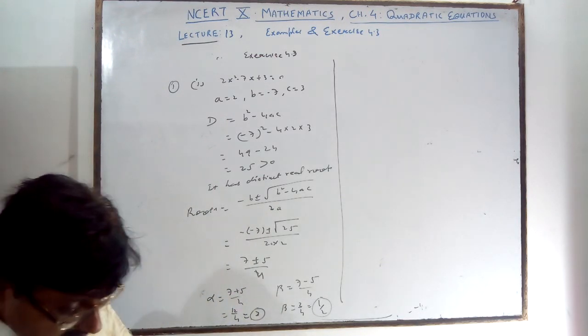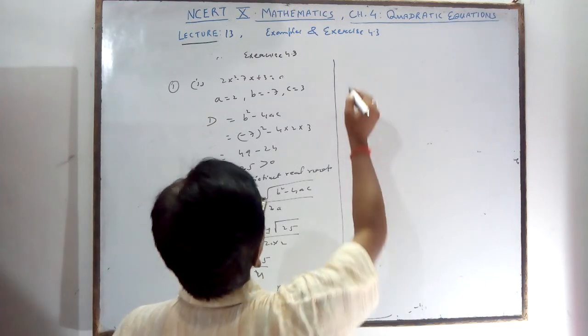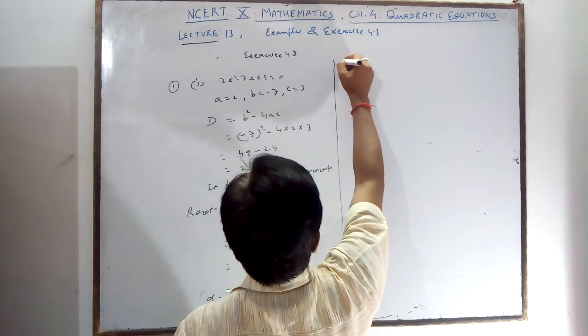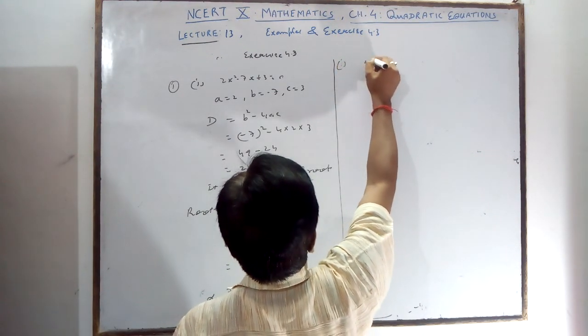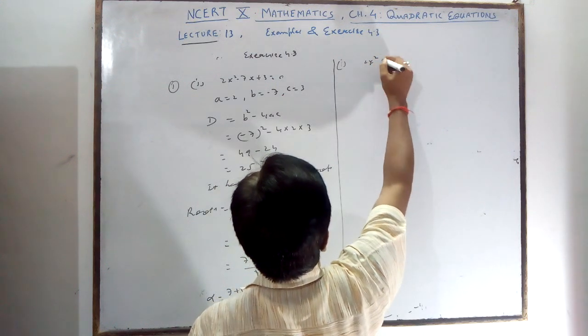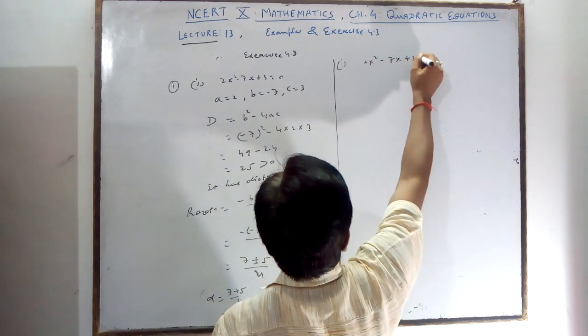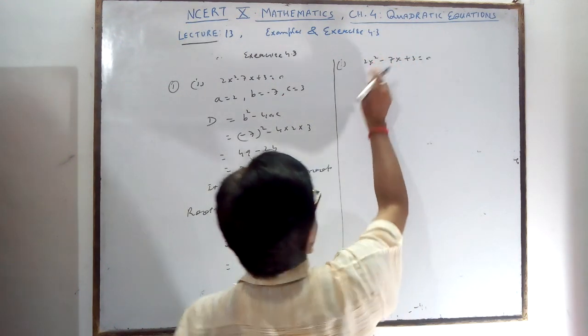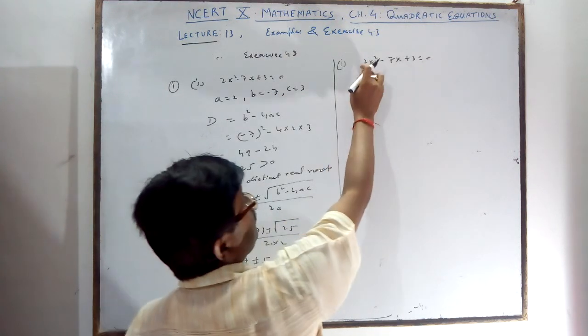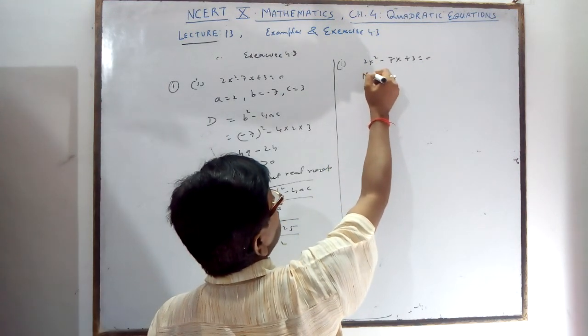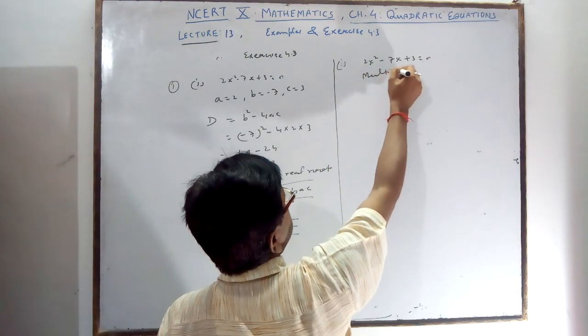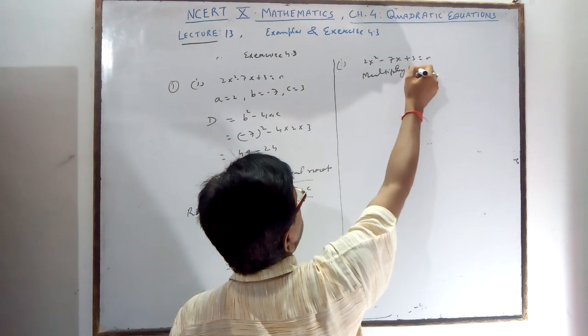There are 2 answers you are getting, but now by completing the square. First part: 2x square minus 7x plus 3 is equal to 0. It is not a complete square, so multiply by 2.